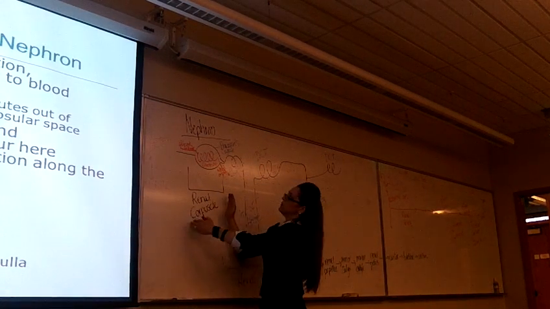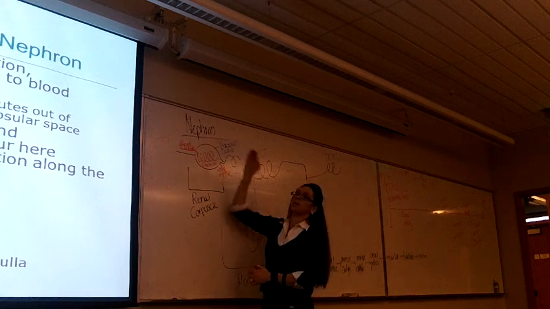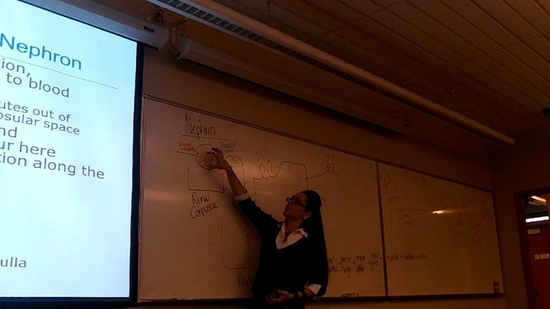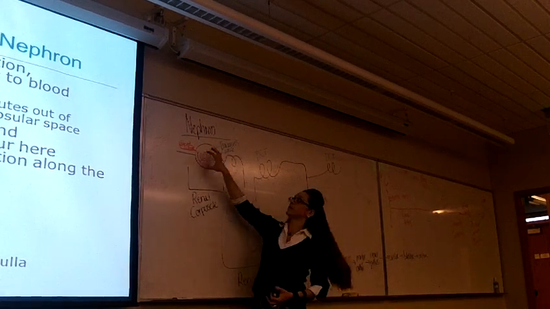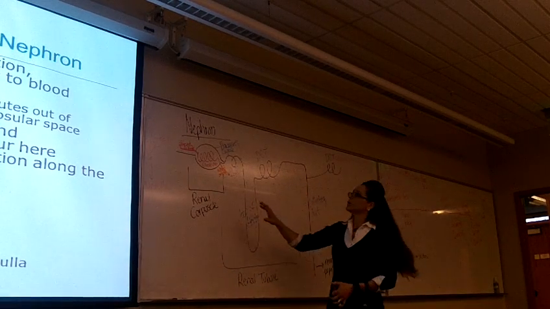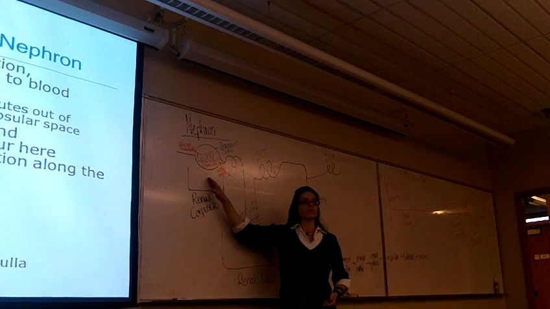Now again, remember, in the corpuscle is where we have the glomerulus and Bowman's capsule. And this is the first time that we're going to encounter blood that we can do something with, because it's the first time that we hit a capillary bed. And what we're going to do here is called filtration.